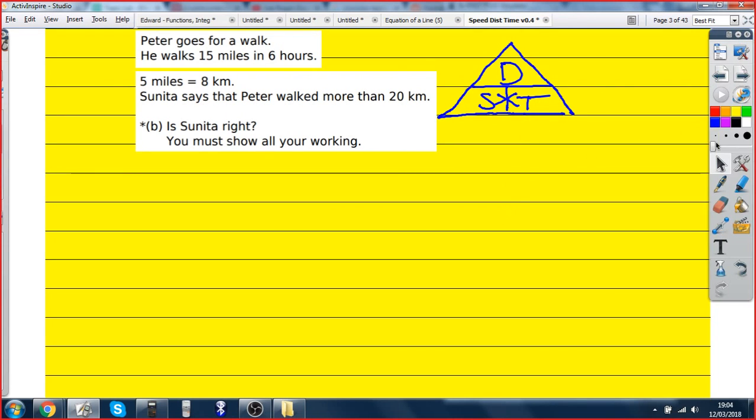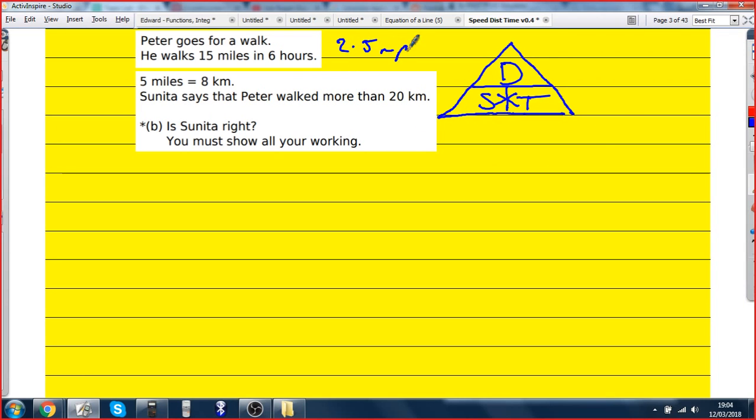How do we do this? This is part B. So would you do 8 times 3?